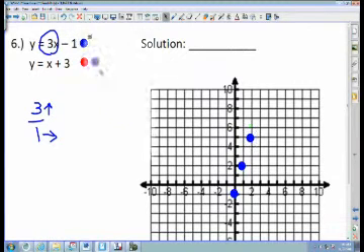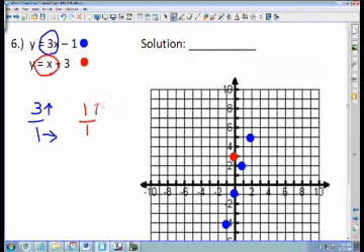Now let's try going backwards. Down 1, 2, 3 to the left 1. I'm going to stop here and see what happens with my second one. So where do I start? Where does my first dot go? At +3, right? So I'm going to put that here. Now what's my slope for this one? It just says x.